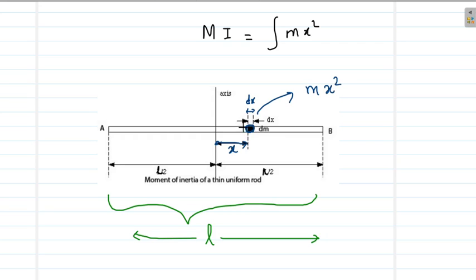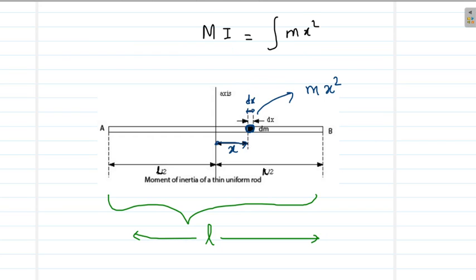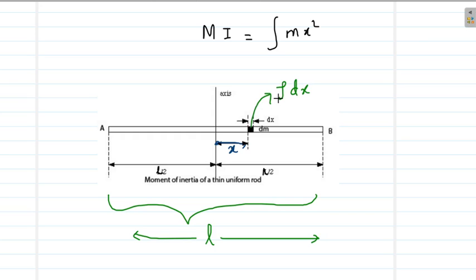We know the linear mass density, which is defined as rho. Its length is dx. So the mass of the small element will be rho into dx. If you know the mass per unit length, multiply by the length of the element to get the mass of the element. Rho is the mass per unit length and dx is the length of the element.